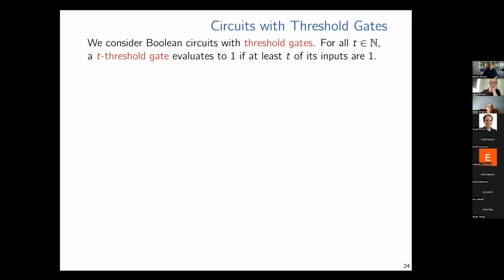So the type of Boolean models we're interested in here are circuits with threshold gates. So that's just Boolean circuits which have threshold gates, and a threshold gate T evaluates to 1 if at least T of its inputs are 1.